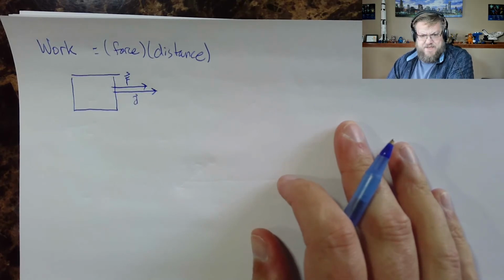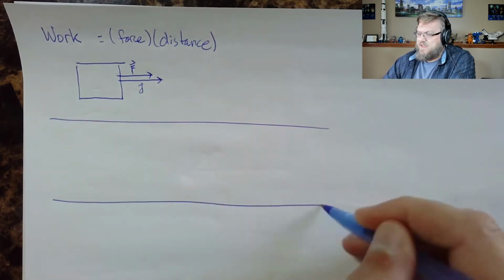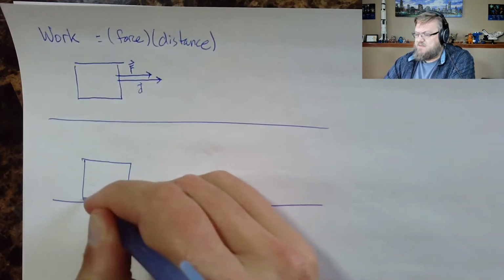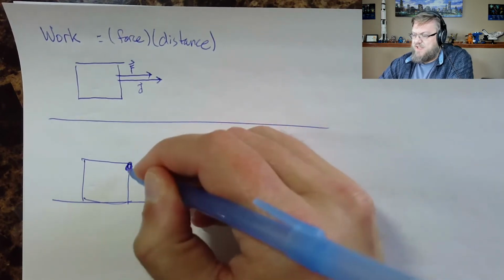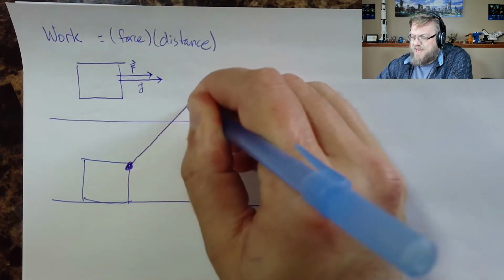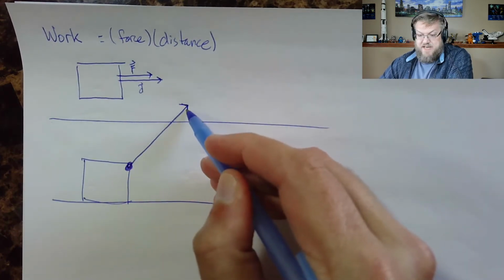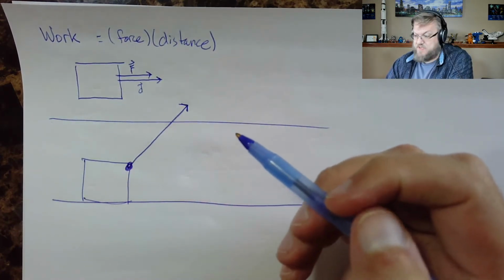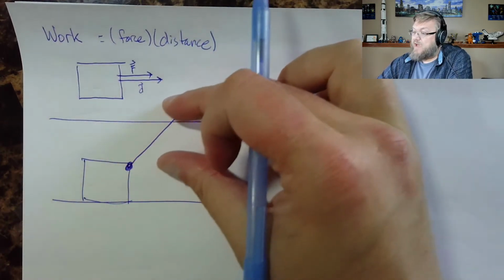But what happens if it's not? So for instance, if I'm trying to drag this box, and I'm taller than the box, so I want to attach a rope here, and I want to drag it this way. So I'm applying a force this way. And as you know from physical intuition, most likely the box is not going to fly that way.